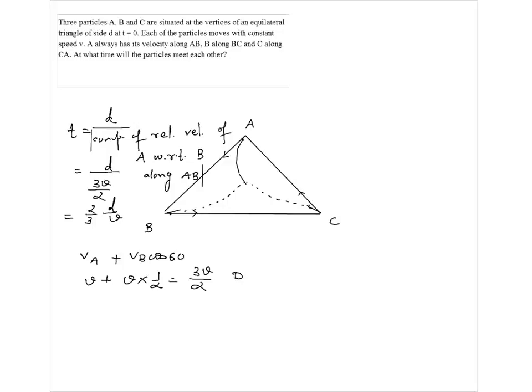So why do you do VB cos 60? Yes, it's like this. When one train is going in this direction, other train is going in this direction. This is at 60, this is at 30, kmph. Then this train will say that velocity of this train is 60 plus 30. Now consider one train going in this direction, other train going in this direction. This is 60 and this is 30.